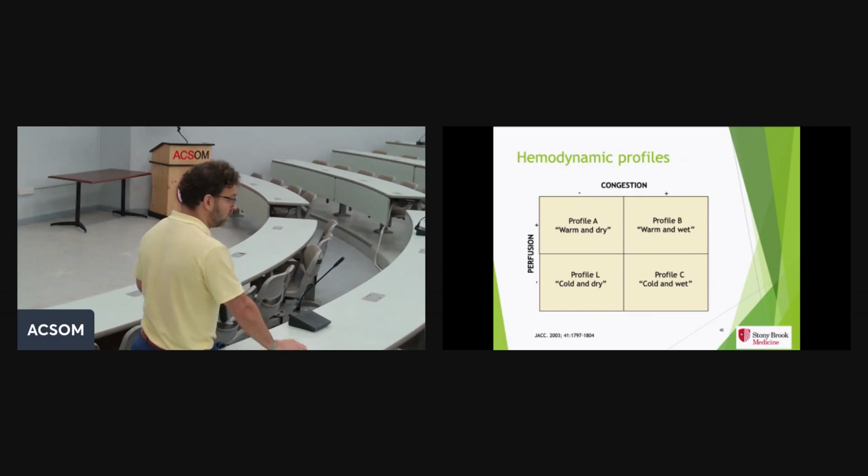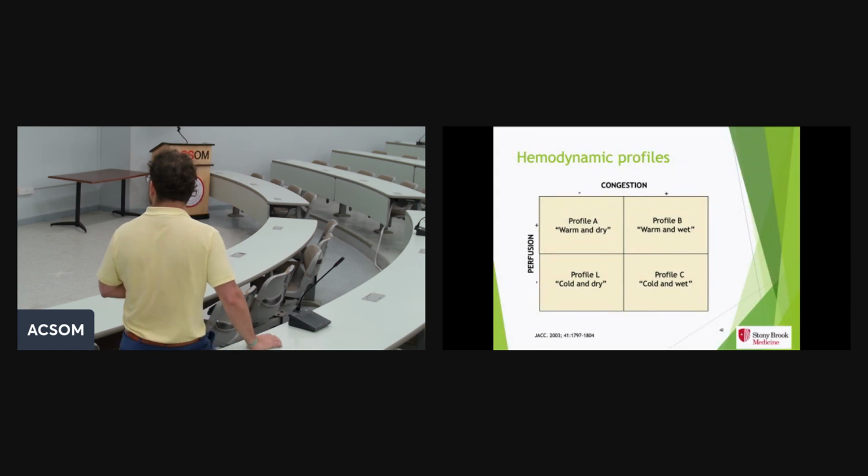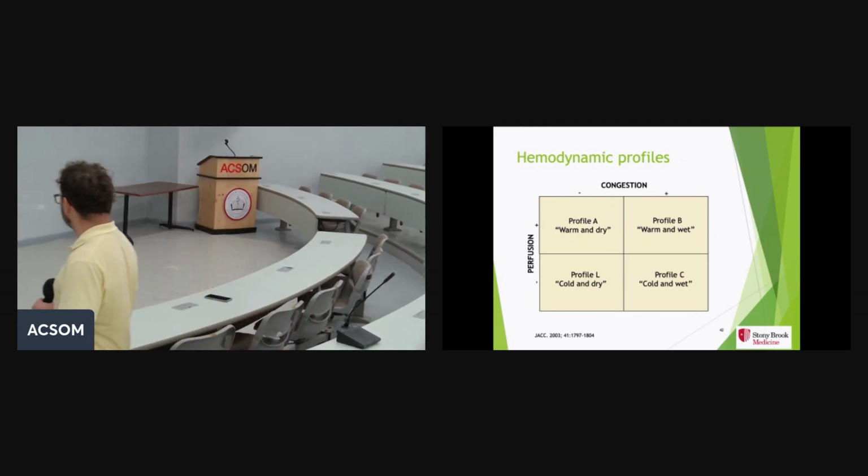These are the common presenters that come in with volume overload, right? Profile C, cold and wet. Bad sign. They're volume overloaded and they're cold, so their cardiac output is low. Very difficult to manage. Cold and dry, don't worry about.